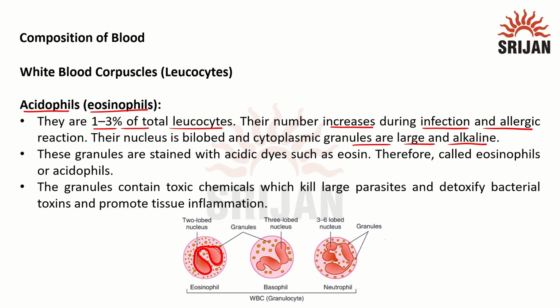When we stain these granules, they get stained with acidic dyes such as eosin, hence their name acidophils or eosinophils. The granules contain toxic chemicals which kill large parasites, detoxify bacterial toxins and promote tissue inflammation. Inflammation refers to swelling of a tissue, so more blood can flow through it and WBCs can reach faster.